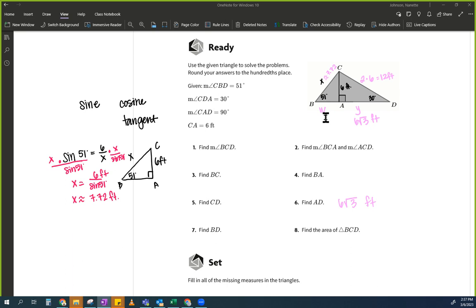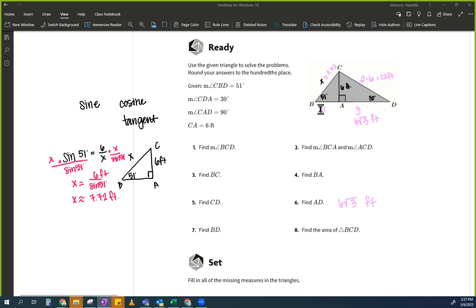Any ideas? Okay, yeah, I'd use the left triangle. So give me an equation in the left triangle that would help me find W.